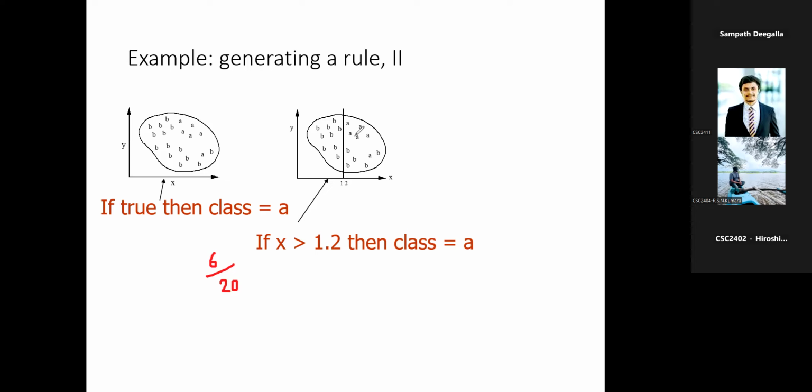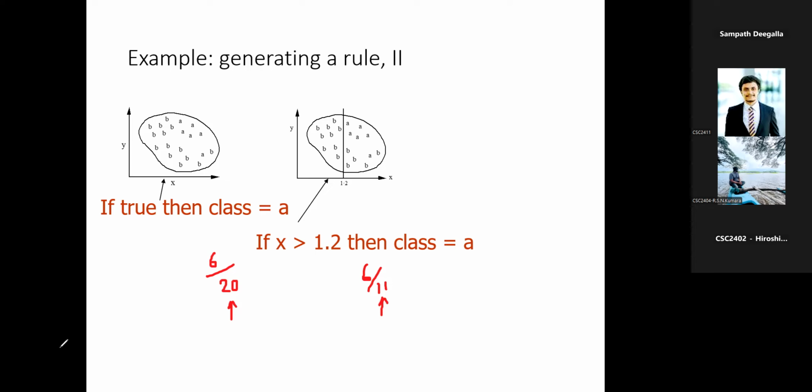If you check here, how many positives: 1, 2, 3, 4, 5, 6. And the total: 7, 8, 9, 10, 11. This is improved accuracy now with this condition. So what happens when you put conditions? We are trying to improve the accuracy, but at the same time, just notice the number of instances goes from 20 to 11. So you decrease the coverage.